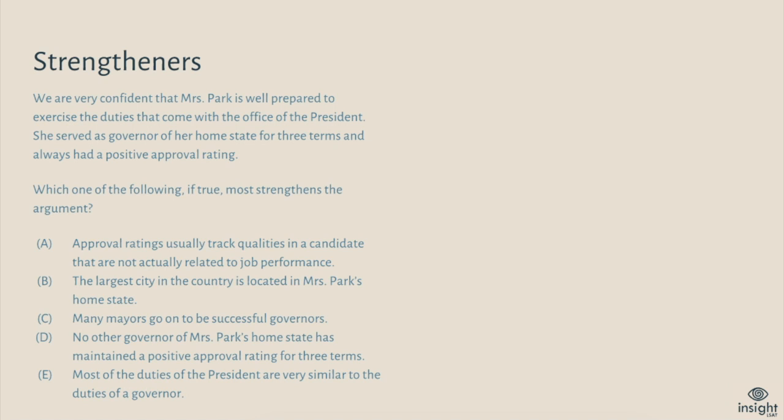The right answer choice is going to make the conclusion more likely to be true, either because it provides additional support for the conclusion, because it reinforces existing support for the conclusion, or because it protects the conclusion from a potential challenge. And wrong answers will either weaken the argument overall, they'll be completely irrelevant, or they'll offer some strength but not as much as a better answer choice.